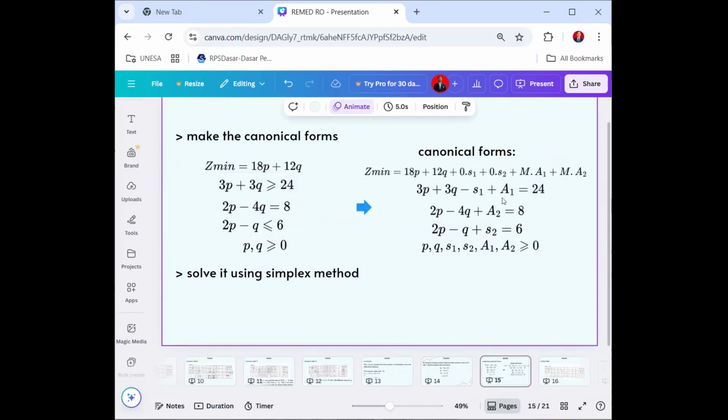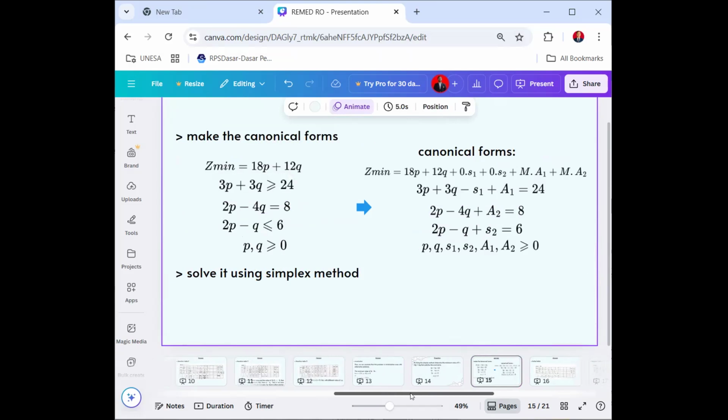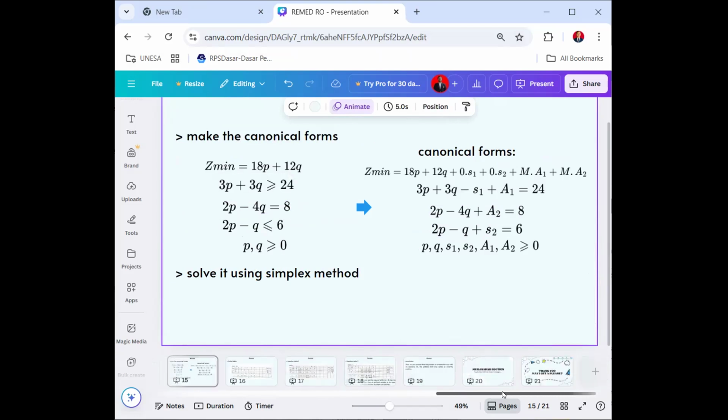But maybe just 5 minutes after the class was over, I remembered that, oh, if there is no basis variable in the equation, we need to add an artificial variable.